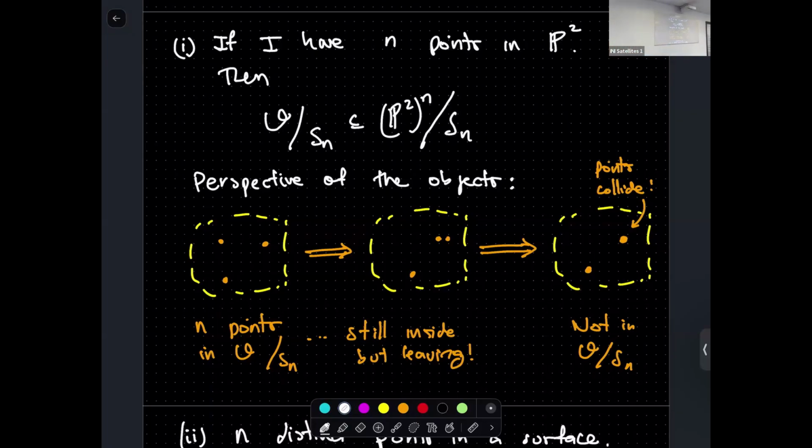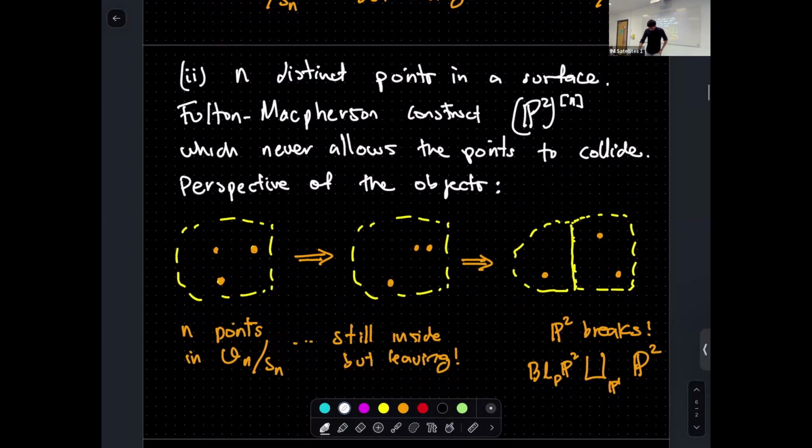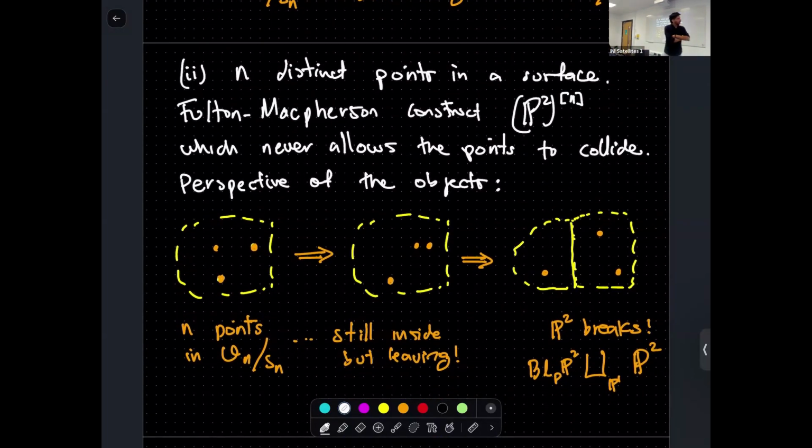But there are several reasons for which this solution is not satisfactory. So in the 60s, Fulton and MacPherson introduced another solution. They say, I really don't want the points to hit each other. That's not going to happen. So once you have points and they're trying to get very close, what will you do? You do a surgery in the space.